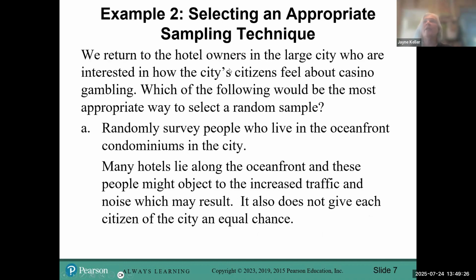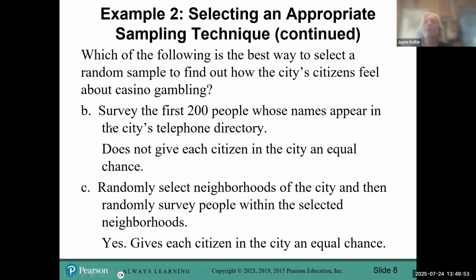So here's another way. We are thinking about those hotel owners again. And so now this time we have some choices. What if we randomly survey people who live in oceanfront condominiums? Again, not very random, because the people that live in oceanfront condominiums would be a pretty small group, and they're not really going to represent the opinions of other people.